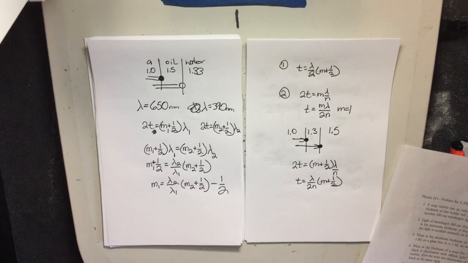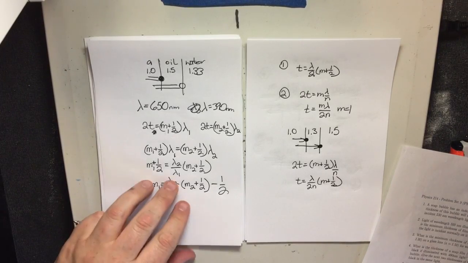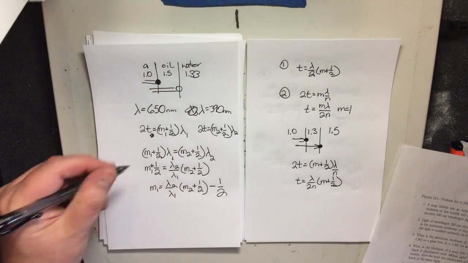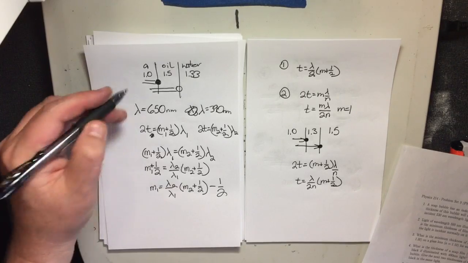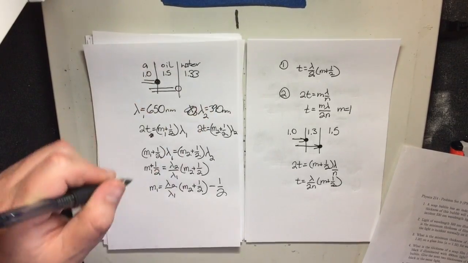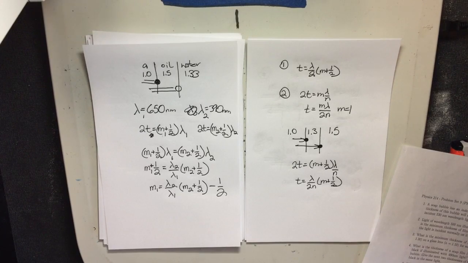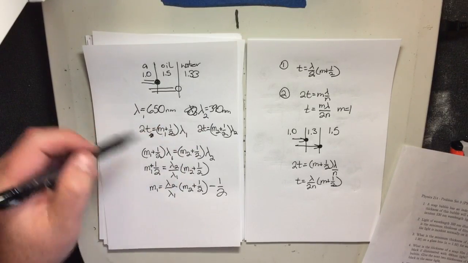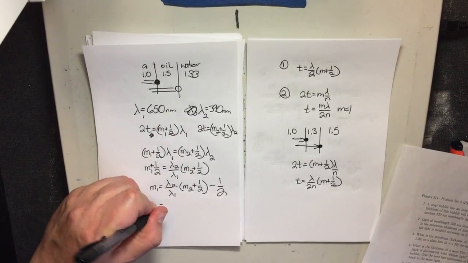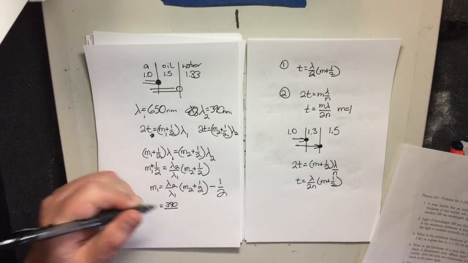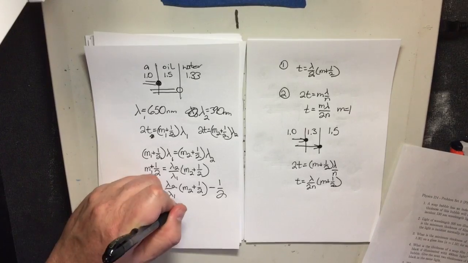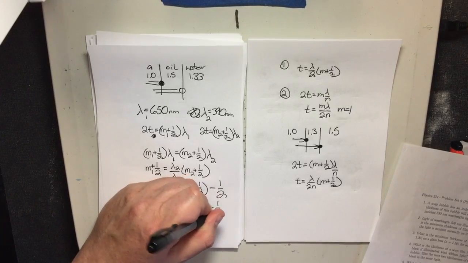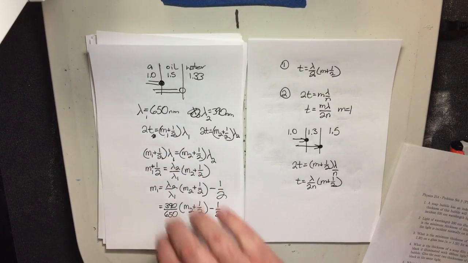And I get this. Now, lambda 2 is 390, lambda 1 is 650. You could invert them, it doesn't really matter. But lambda 2 and M2 are associated together. Lambda 1 and M1 are associated together. So L2 is 390. L1 is 650. And we get this.